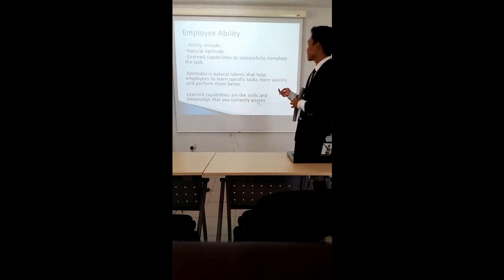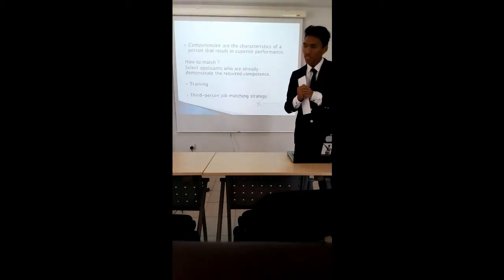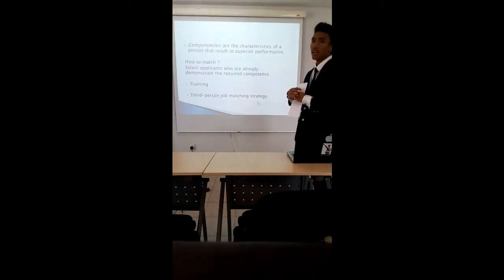Aptitude is the natural talent that helps an employee learn specific tasks more quickly and perform them better. The learned capability means the skills and knowledge that you currently possess. Okay, next slide. Competency or ability are the characteristics of a person that result in superior performance.